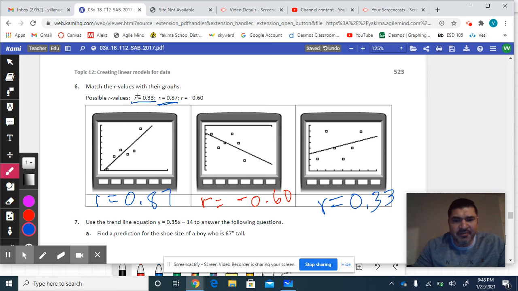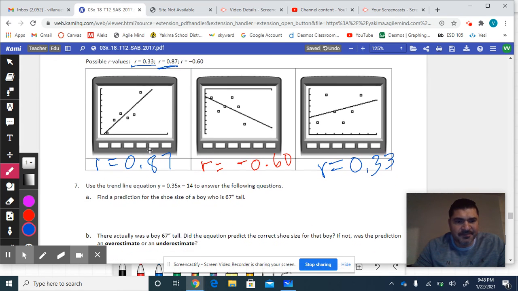All right, let's go ahead and move on to question number 7. It says use the trend line equation y equals 0.35x minus 14 to answer the following questions. Find a prediction for the shoe size of a boy who is 67 inches tall.